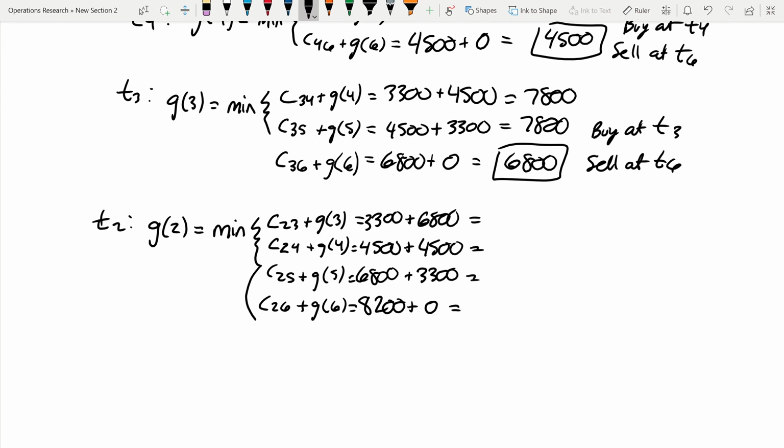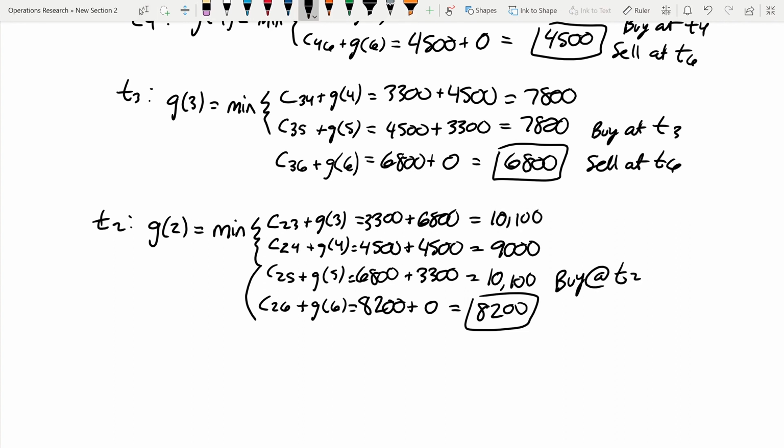So we take all of these sums and we end up with 10,100, 9,000, 10,100, or 8,200. So we're going to take that 8,200 as the min, and we can say that if we buy at T2, we should sell at T6.